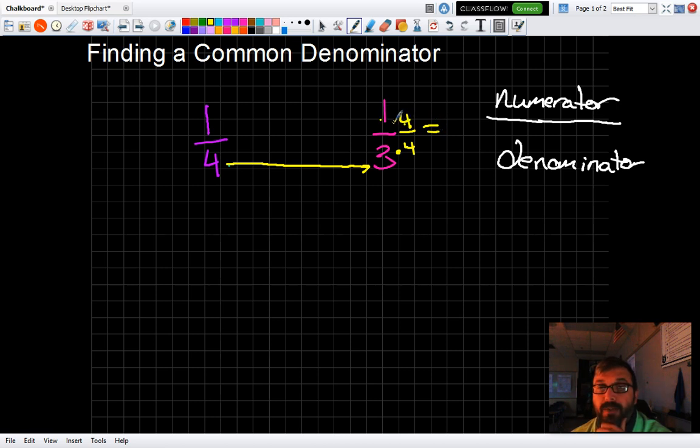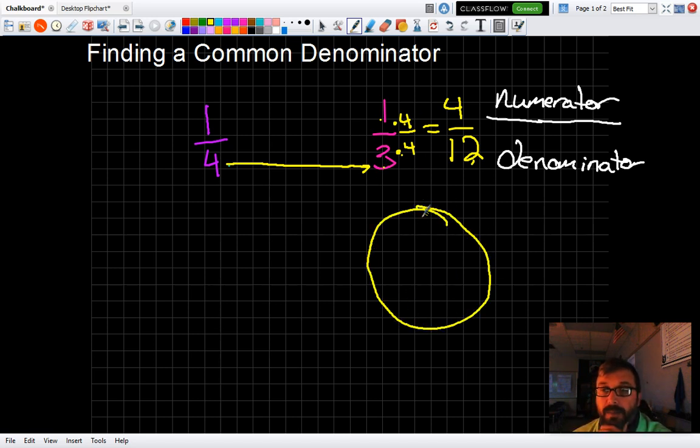So 1 times 4 is going to be 4. And then on the bottom, 3 times 4, well, that's going to be 12. So now I've changed my denominator to 12ths, but I'm still at the same value. Let's see if we can do this. So 1/3, it's 1/3 right there.